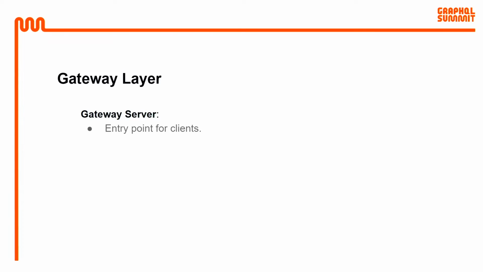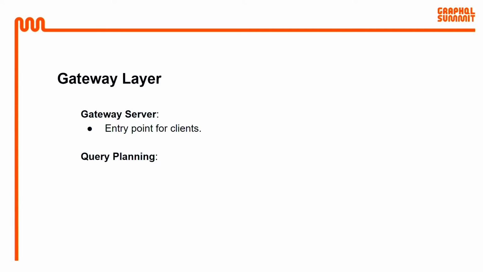So the gateway should have a gateway server. That's just the entry point for all your clients. As you saw with the GraphQL federation diagram that we had, we only had a single entry point where all clients were just calling our gateway.